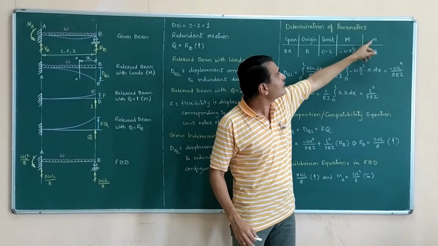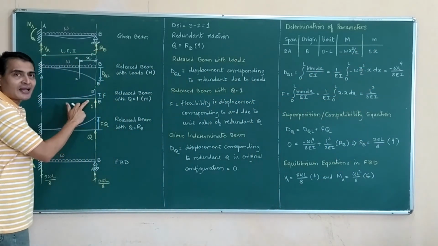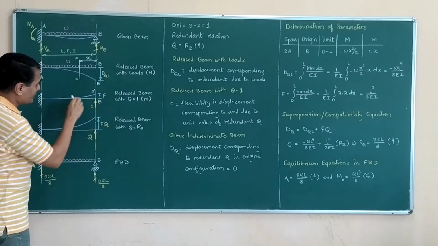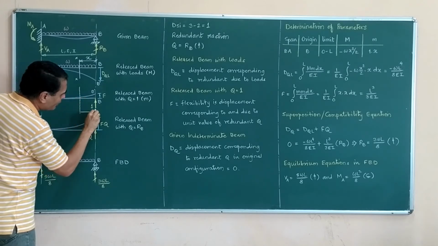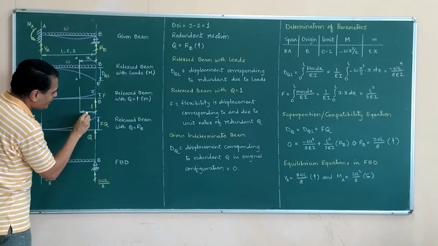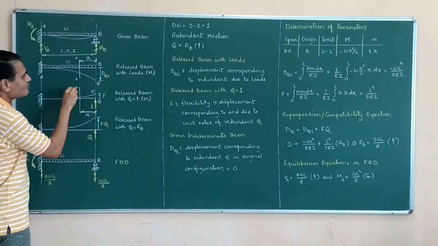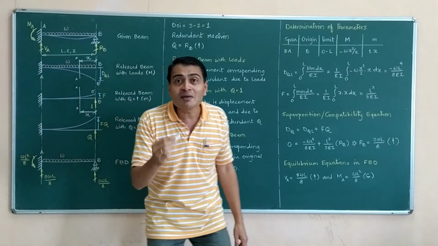And then I have written small m, that means I am looking at this particular diagram where we are trying to define our flexibility. Again, I am showing section XX at an arbitrary, variable position x from origin B. This I am calling XX, and I am trying to define the bending moment.